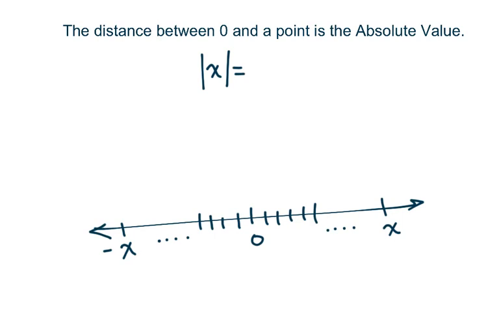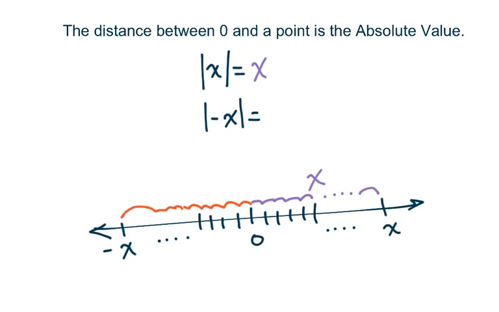Well, it's the distance, 1, 2, 3, 4, 5, and we keep counting till we get to x. It's the distance x from 0 to x. If we take the absolute value of negative x, it is also going to be the distance from 0, 1, 2, 3, 4, 5, and we keep going till we get to x. It's going to be this distance, x.